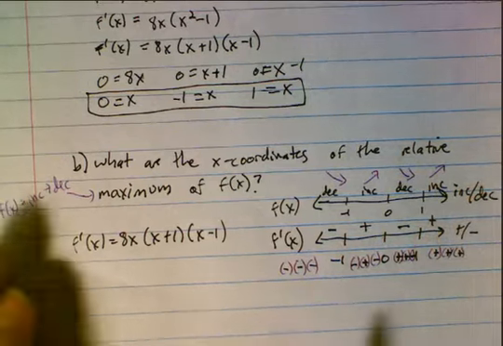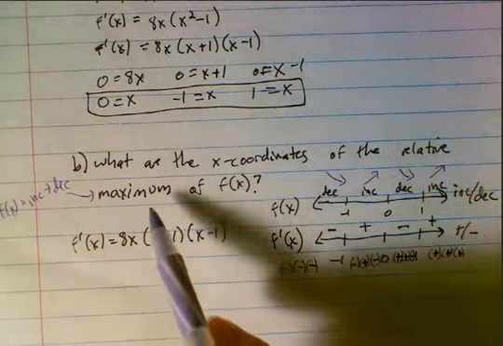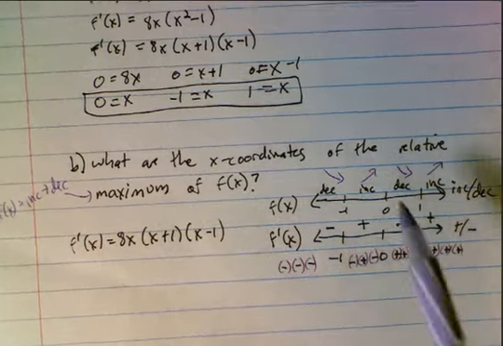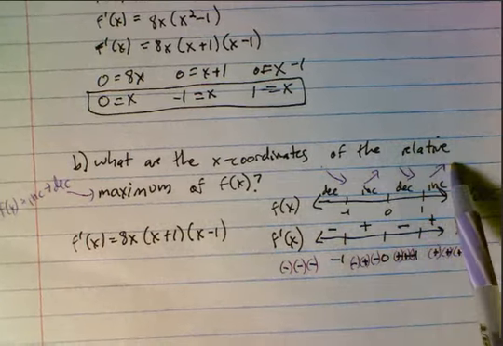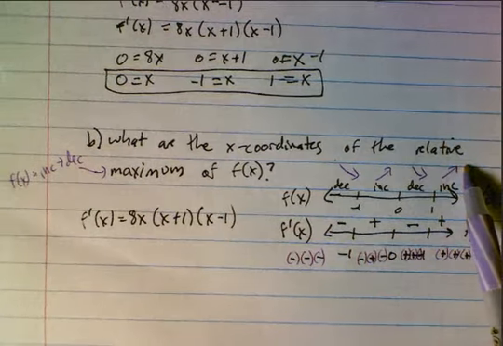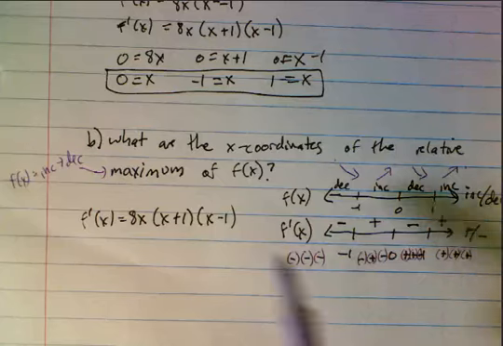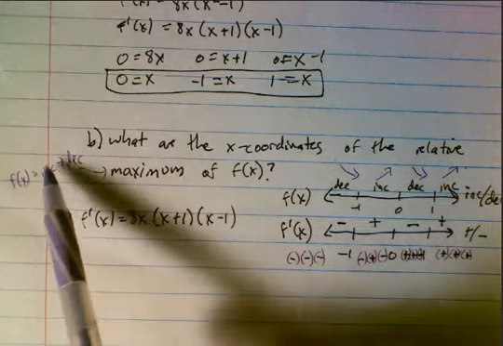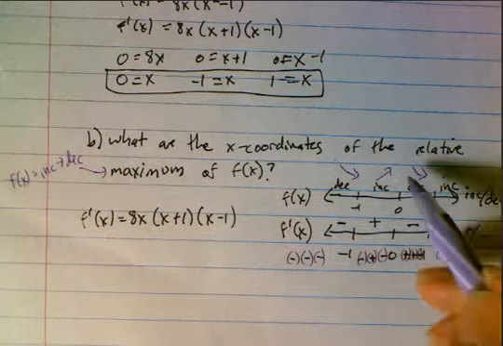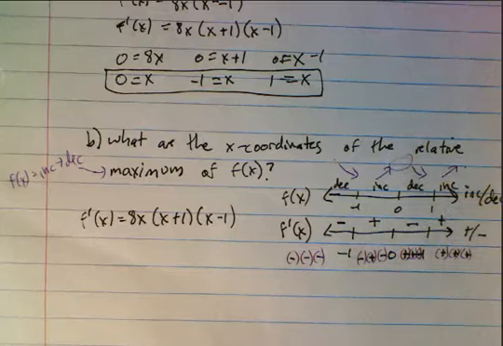Now we're looking for the relative maximum. So that's not the absolute maximum, where we would look at all 3 of these points, where f of x starts decreasing or stops increasing. The relative maximum only happens when we have this change from increasing to decreasing. So only right there.